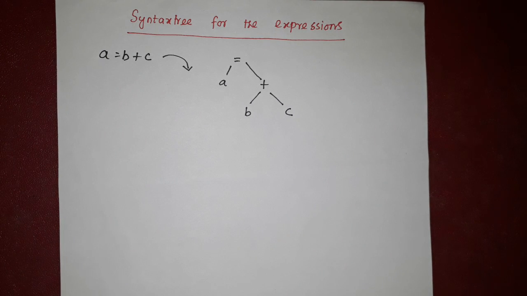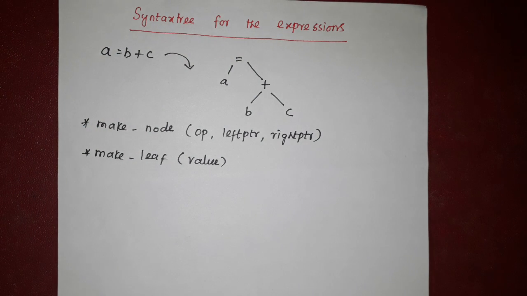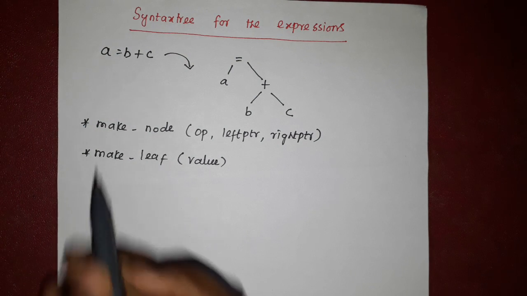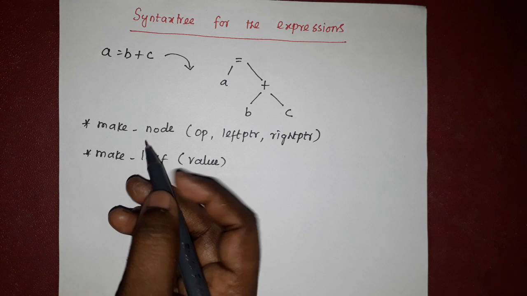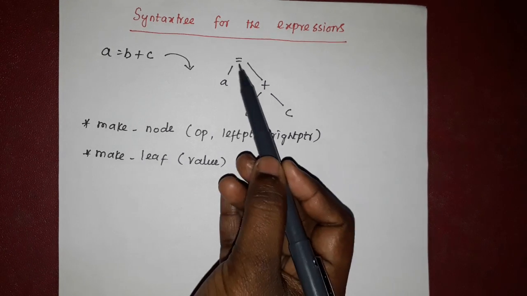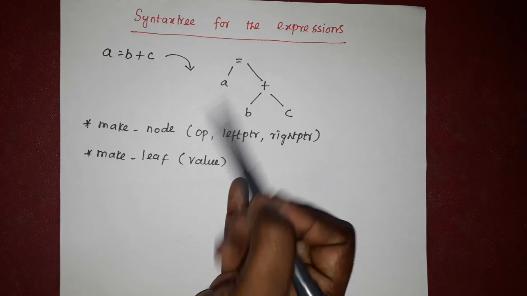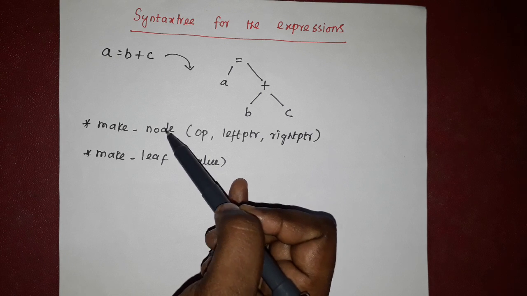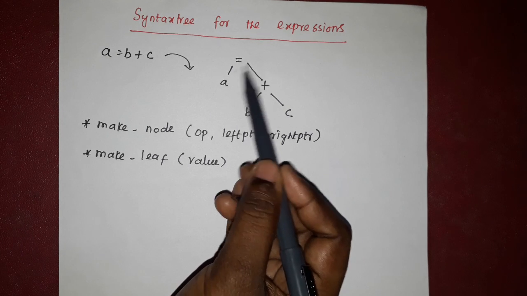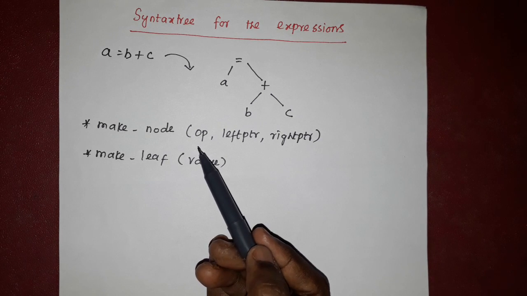But here I am going to construct the parse tree or syntax tree by using two functions. The first one is make node. This function is used to create a particular node. For example, this is a node, this is a node, and this is the leaf node. So we construct this parse tree by using the make node function for the operator. The make node function has three elements.